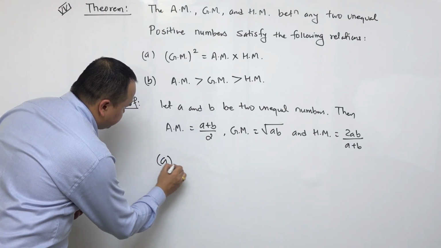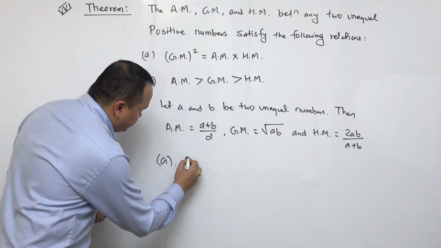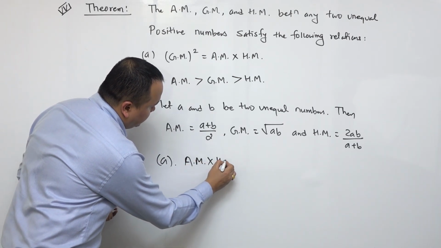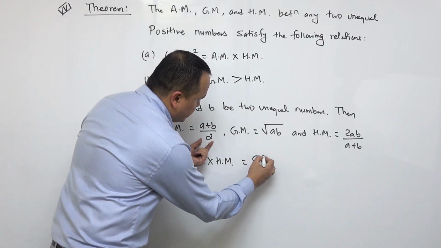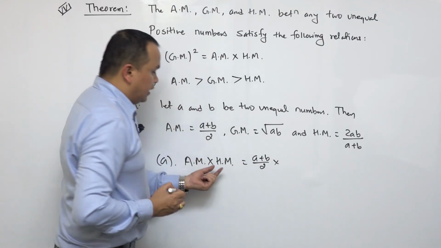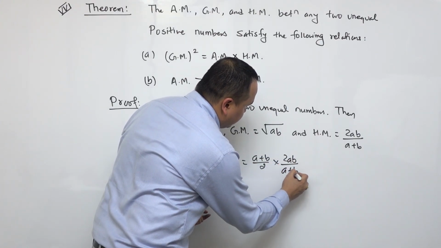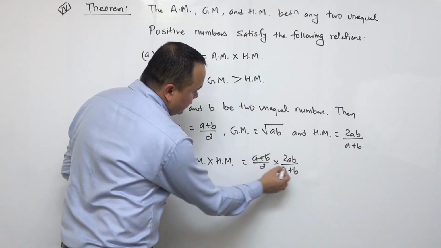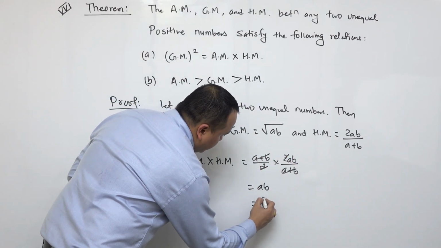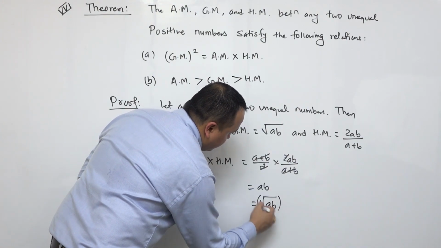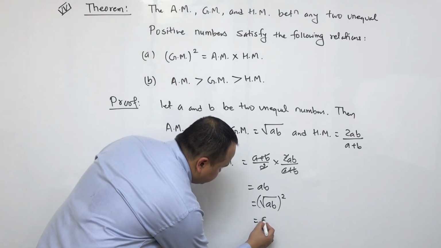A. Here the right hand side AM into HM is equal to, we have AM A plus B by 2 and HM 2AB upon A plus B. Here A plus B cancel and 2 cancel, which is just AB, and this is root over AB square and this is GM square.